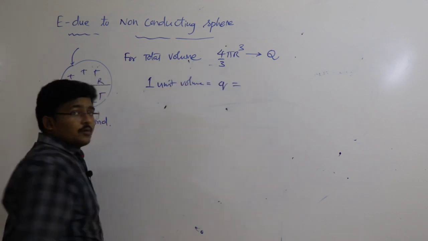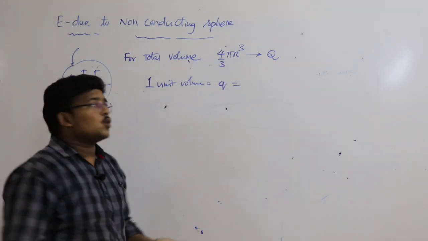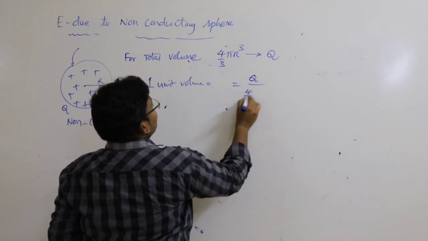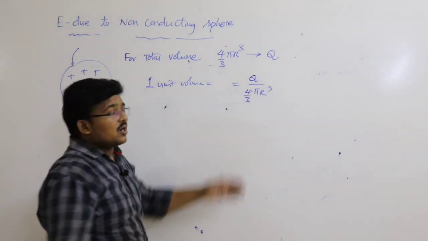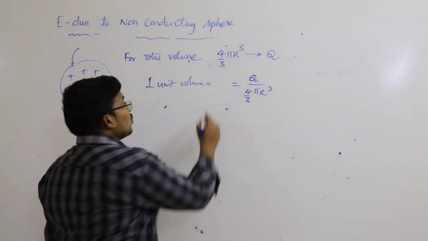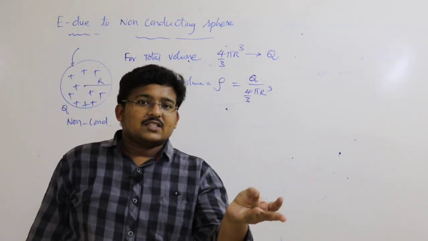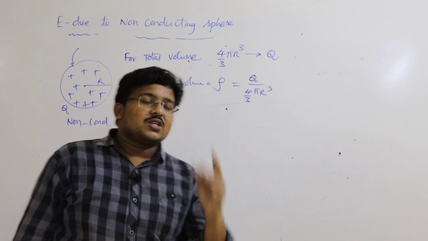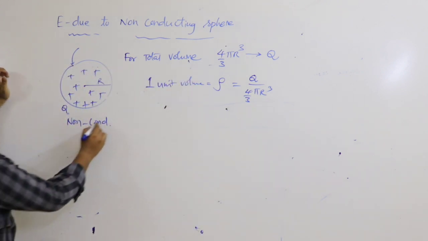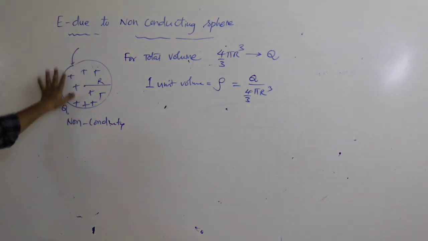For the total volume it is q, so for 1 unit volume it is capital Q by 4 by 3 pi r cube. This is called charge per volume, the volume charge density rho. We have linear charge density gamma, surface charge density sigma, and volume charge density rho. Now we are going to find the electric field in the non-conducting sphere at inside points, on the surface, and outside points.